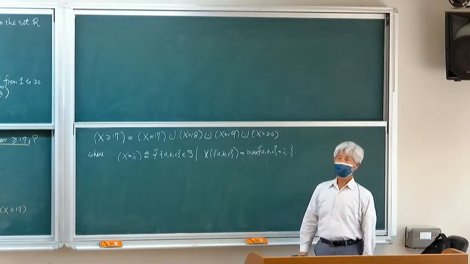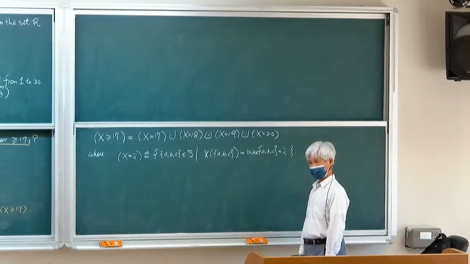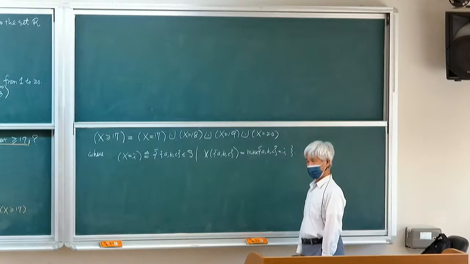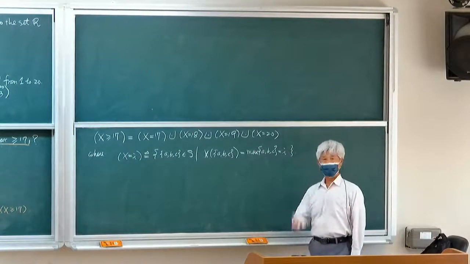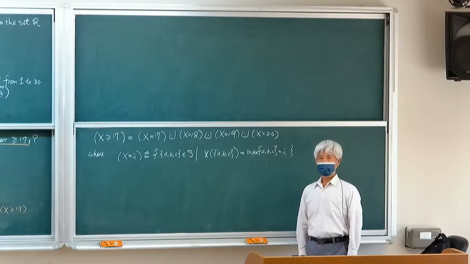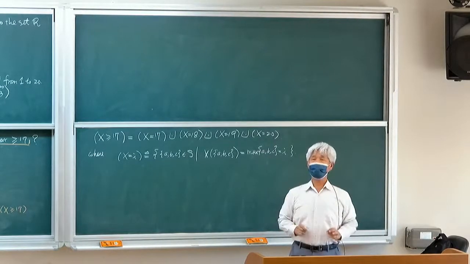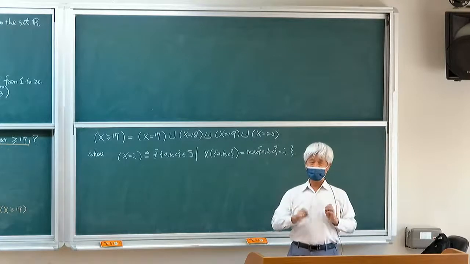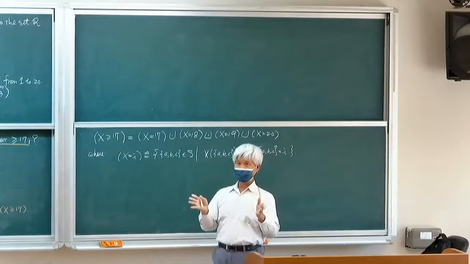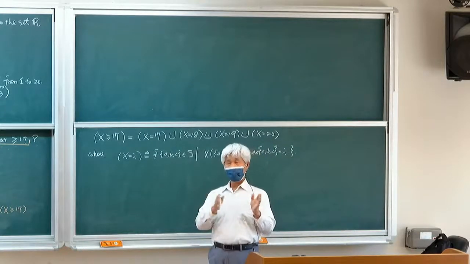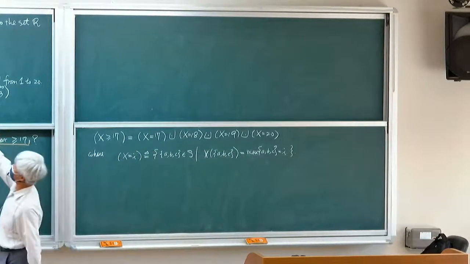If the maximum of A, B, C is i, then i must be one of A, B, C first. The second is the other two should be integers less than i. Why? Because A, B, C are three distinct integers between 1 and 20, by our original set.